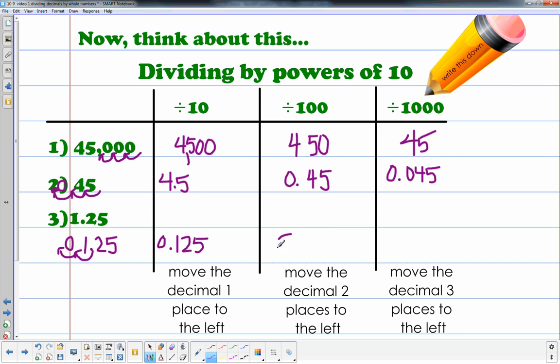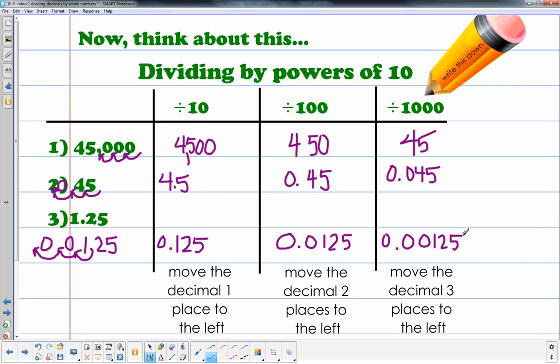And now I have tenths, hundredths, thousandths, 10 thousandths. So 125 10 thousandths. One more time with one more 0. Tenths, hundredths, thousandths, 10 thousandths, 100 thousandths.